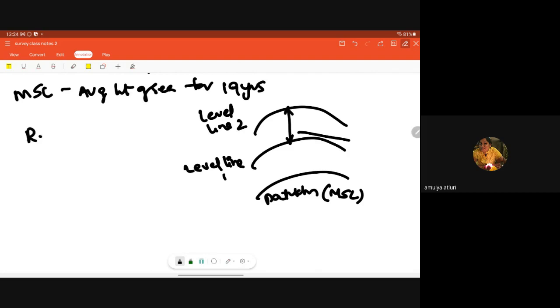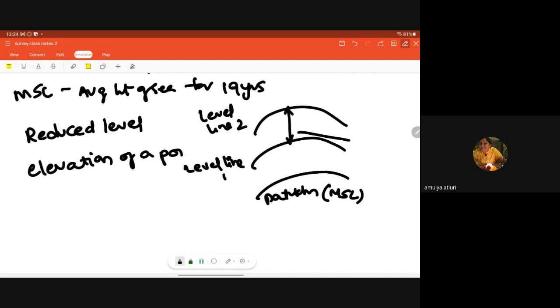You need to note it. Elevation of a point above or below datum is reduced level.